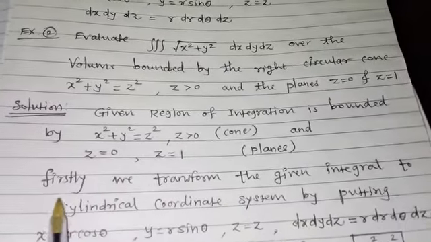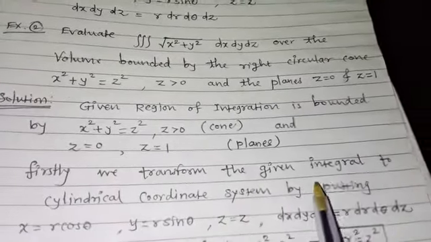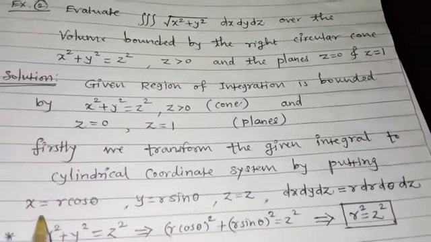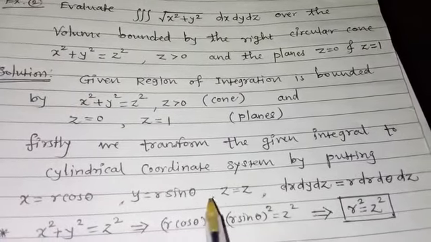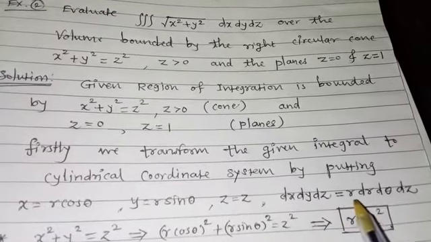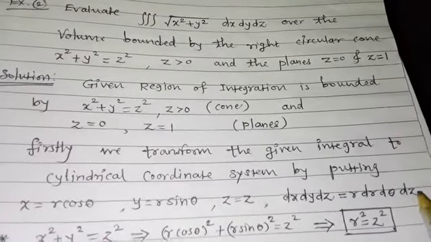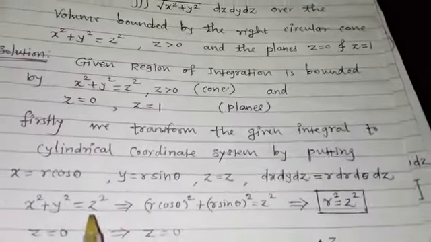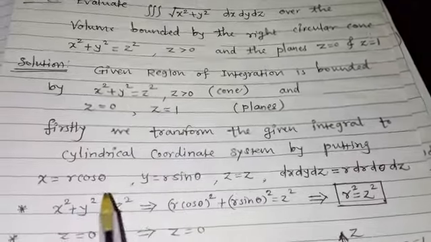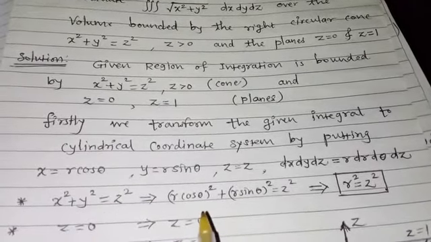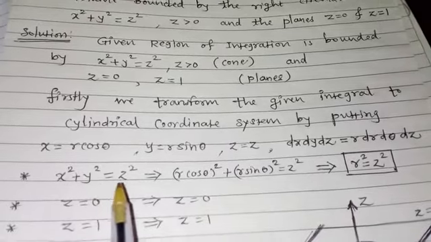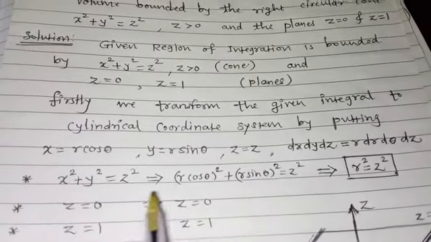Firstly we transform the given integral to the cylindrical coordinate system by putting x equals r cos theta, y equals r sin theta, z equals z, and dx dy dz equals r dr d theta dz. Using that substitution we convert our given region of integration into polar coordinates. First we take x square plus y square equals z square, the equation of the cone.